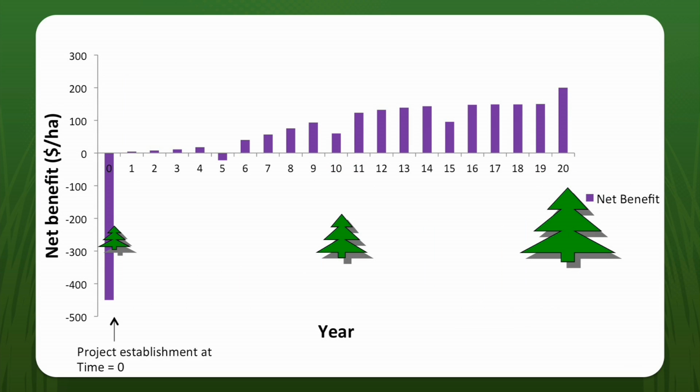There's a large negative profit, or negative net benefit, at the beginning of the project, and then smaller benefits at the beginning growing to larger benefits towards the end. Some of these benefits have been reduced because the costs in those years have been deducted, so you can see the benefits are a little bit up and down over time, and the large benefit at the end has been reduced somewhat because we've subtracted off the costs of the harvesting process.